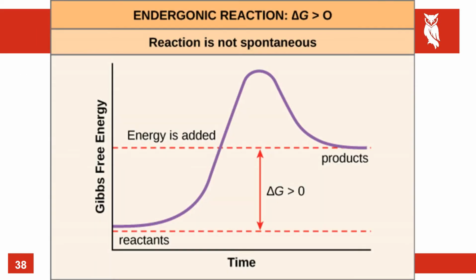If we look at them graphically, it's going to look like this. Delta G is greater than 0 because the energy increased. Energy is added, so our products have more free energy than our reactants. This reaction is not spontaneous. This is the equivalent of having to push that rock up that hill the whole way. So endergonic is not spontaneous.